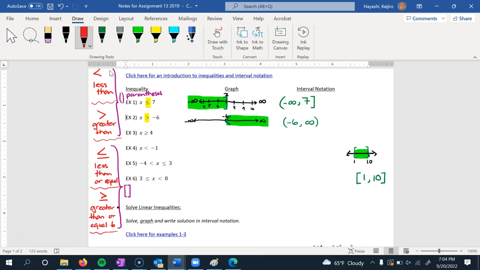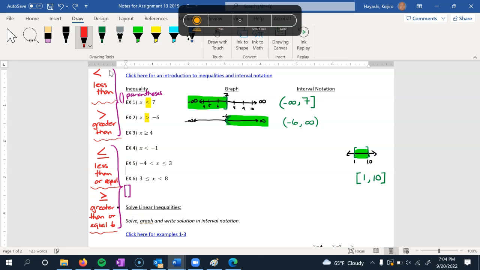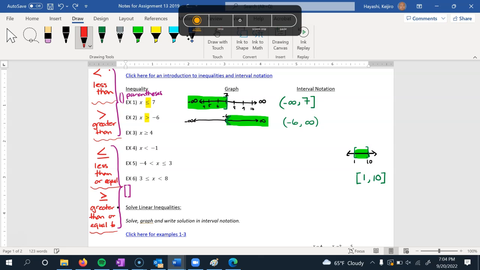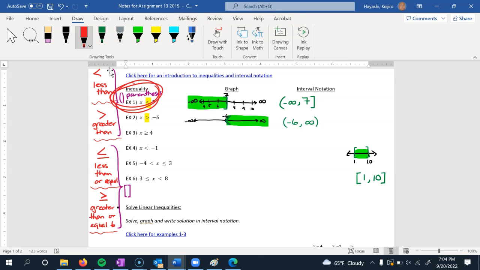If it's less than or equal to or greater than or equal to, if it's these two symbols, those are going to have intervals that involve brackets. And that's because they're allowed to be equal to one of their endpoints. Whereas a symbol like this, without the horizontal bar, where you're just strictly less than or strictly greater than, those are going to have intervals that involve parentheses instead.